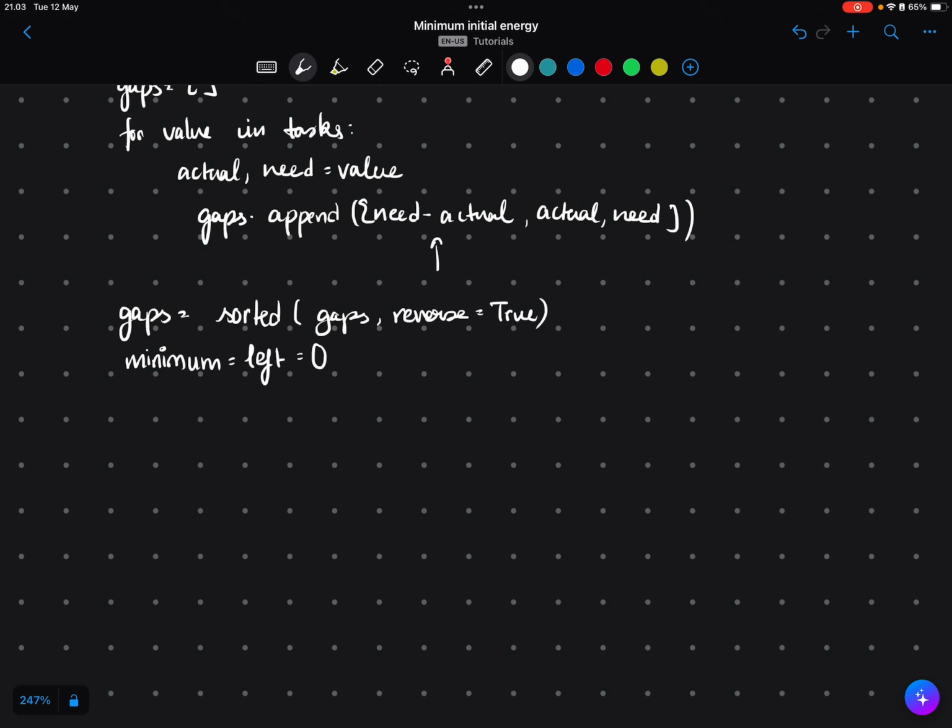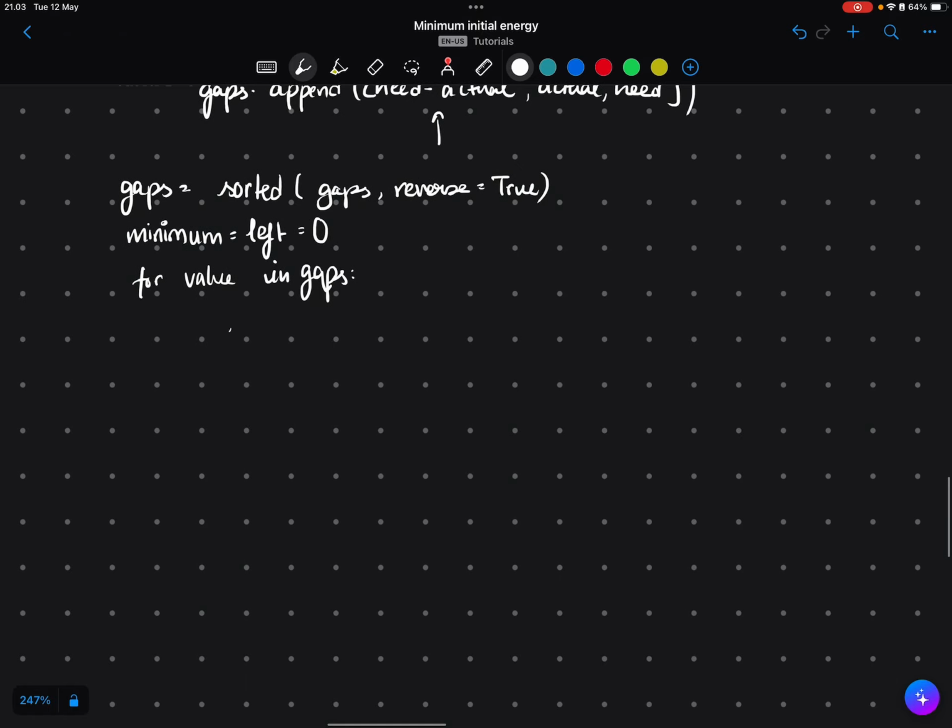Left, we will have those be 0. Now for value in gaps, so we'll iterate through that given list. We have our gap. We will not really consider our gap anymore. We just had to sort it based on the gap. Now we just need our actual and need values. That's what we care about.